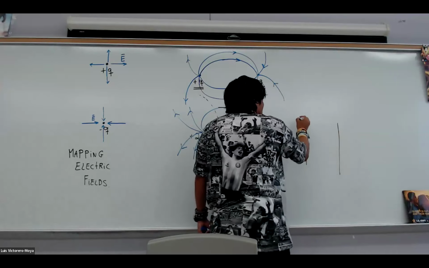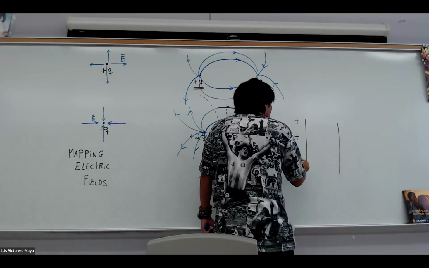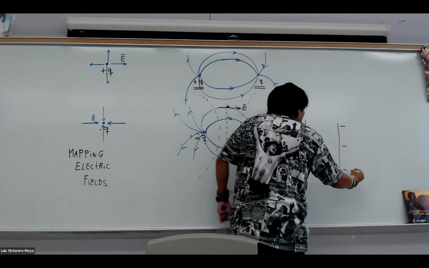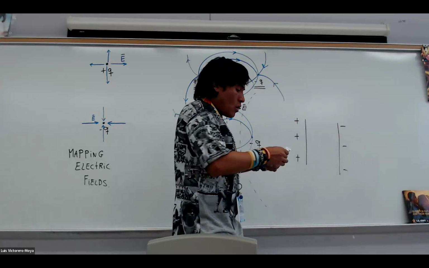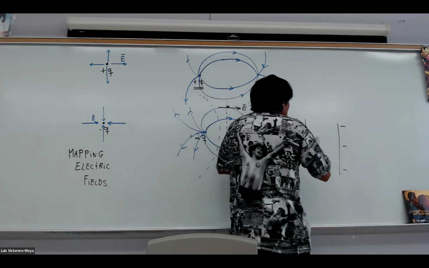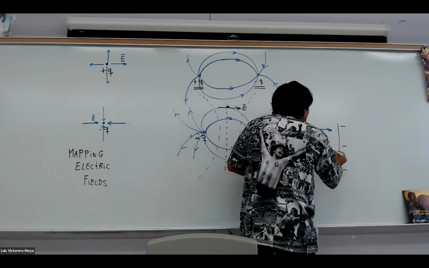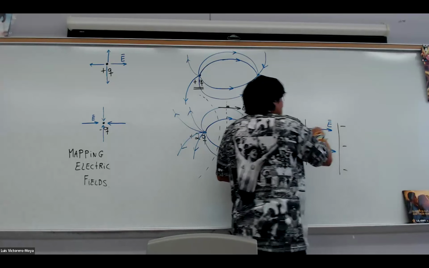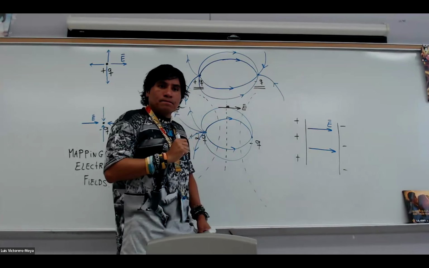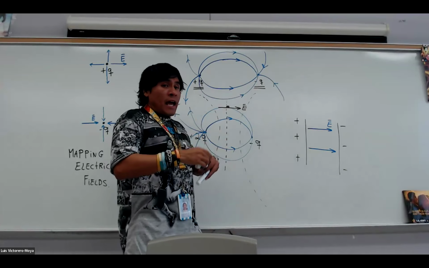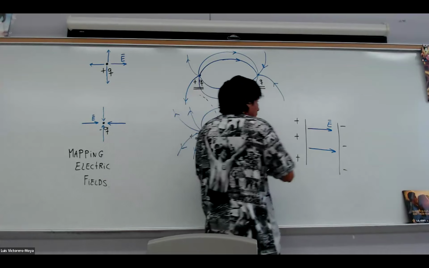For 2 parallel plates, if you have positive, positive, positive, negative, negative, negative, the electric field lines go from the positive to negative. Like this. Right? So the equipotential lines are just vertical lines.